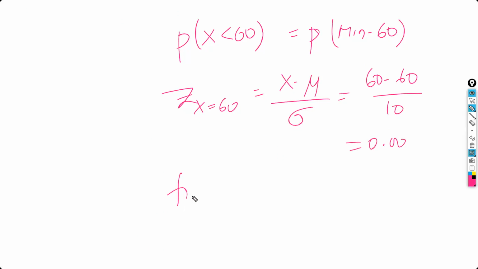From the z table, for z of 0.00, the corresponding p value is 0.5.